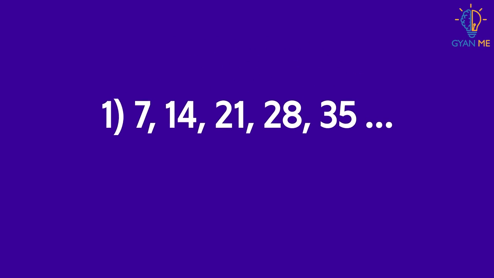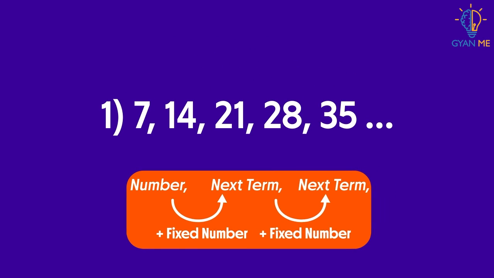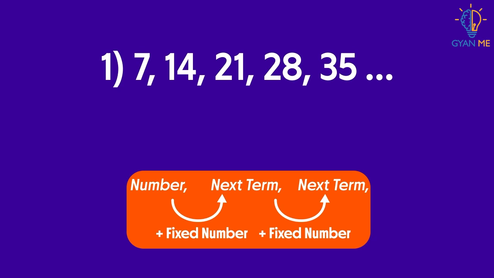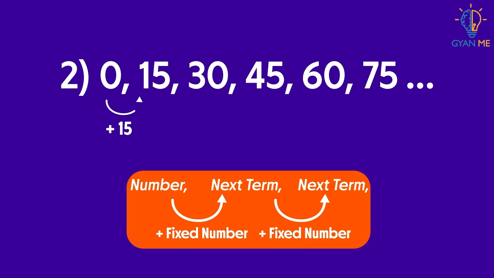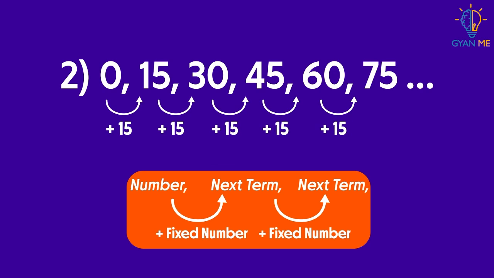Here we add a fixed number to the term to get the next term. Like we added 7 to 7 to get the next term 14. And we added 7 to 14 to get 21 and so on. Or, in another example, we added 15 to get the next term 15 or 30 and so on.